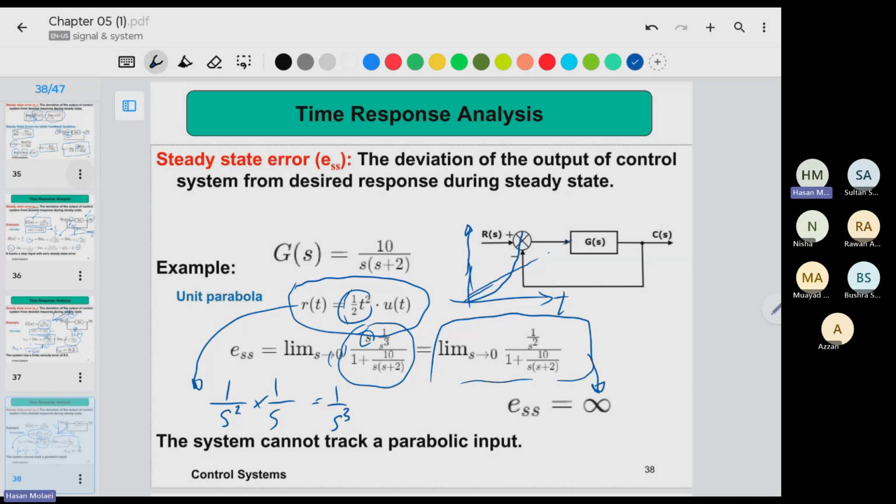There is output, but the distance between the input and output keeps increasing. It cannot really follow your input. So let me clean a bit.